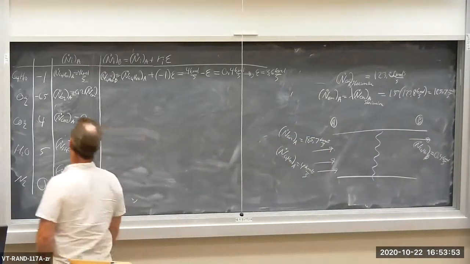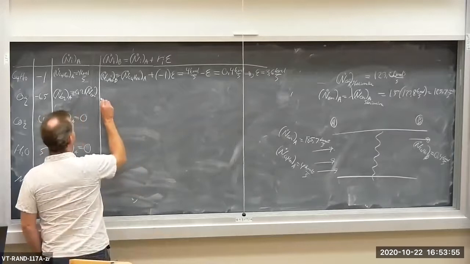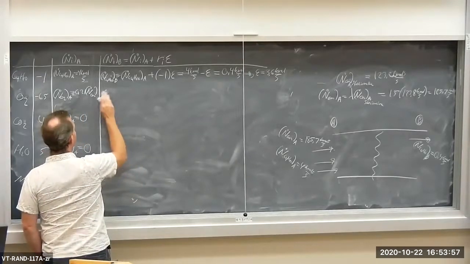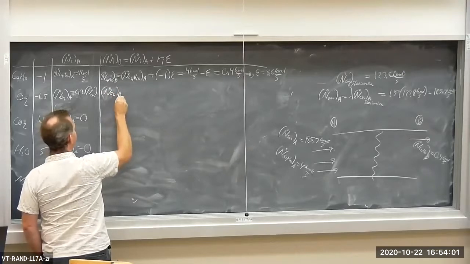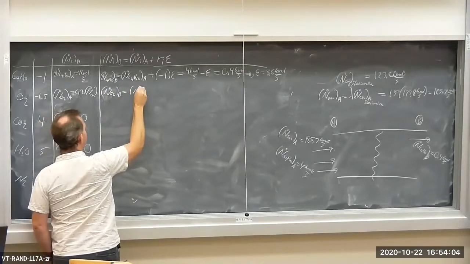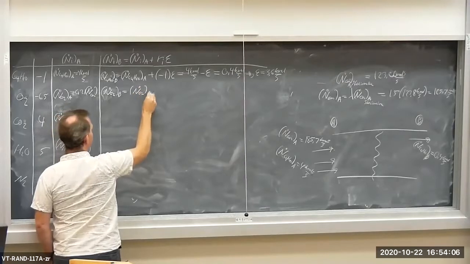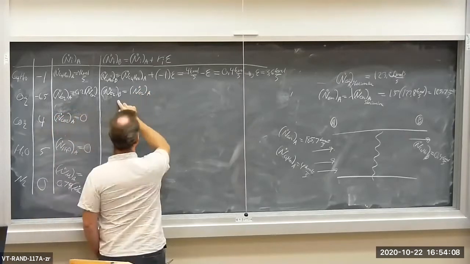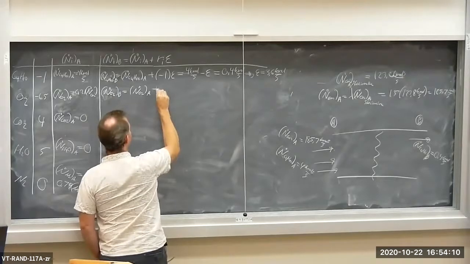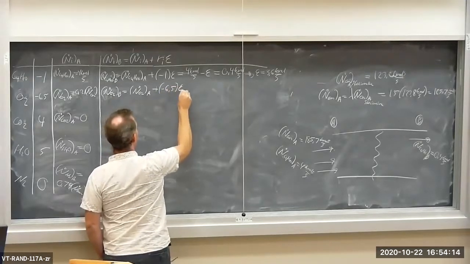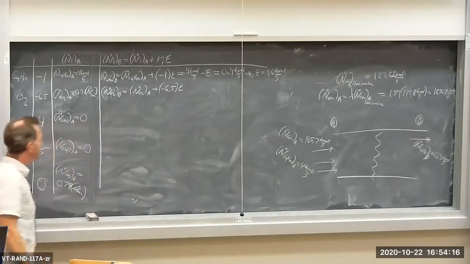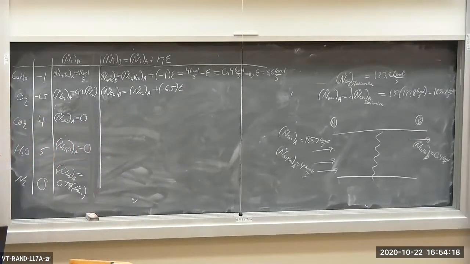Let's do the O2. n dot O2 at the outlet is equal to n dot O2 at the inlet, product and reactant, plus the stoichiometric coefficient times the reaction coordinate.